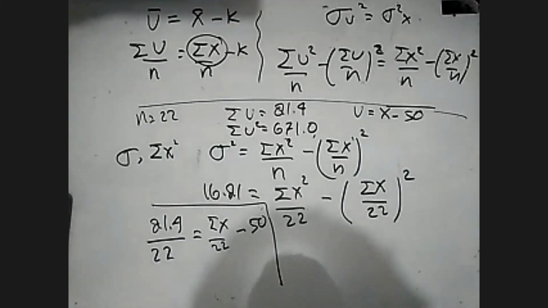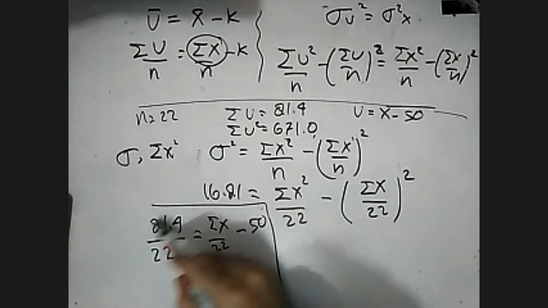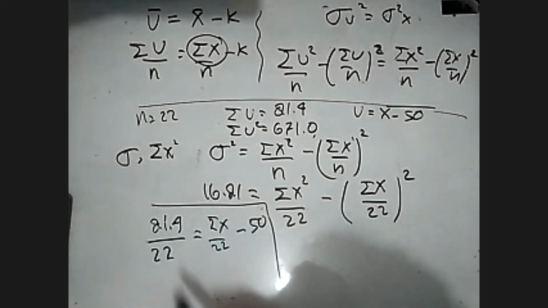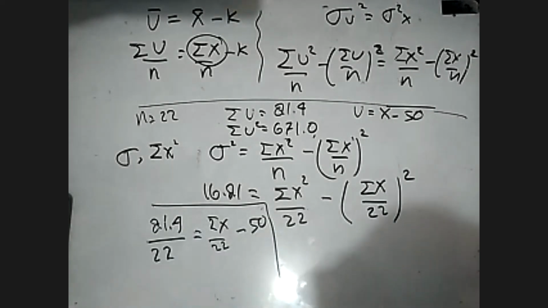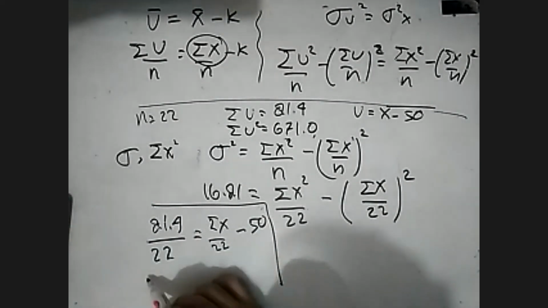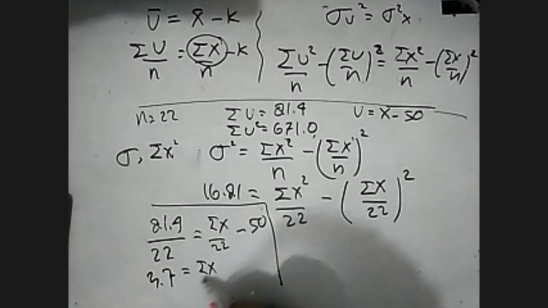Obviously, the first thing we want to find out is this one here. So please calculate what is this value. 81.4 divided by 22 is 3.7. So 3.7 equals sum x over 22 minus 50.